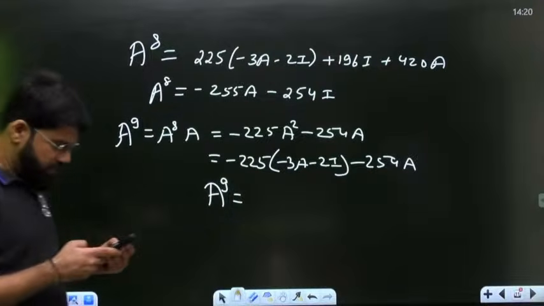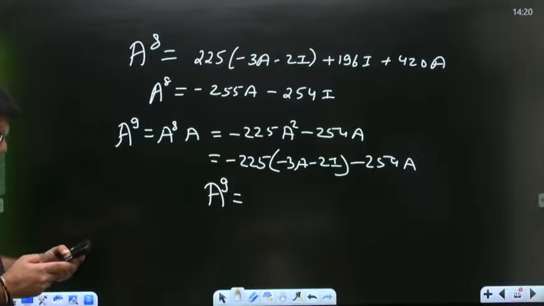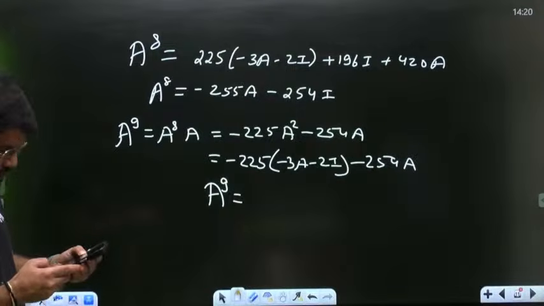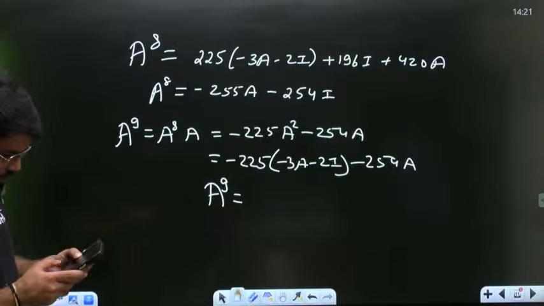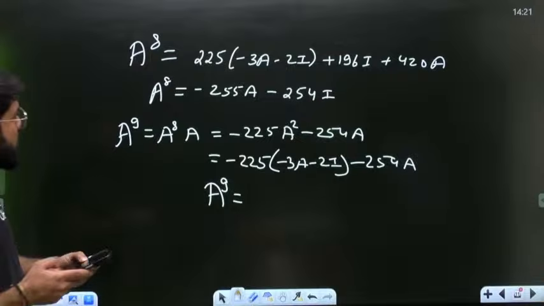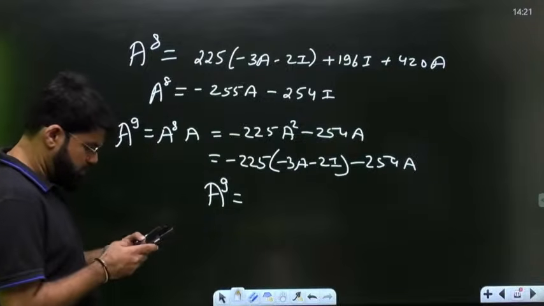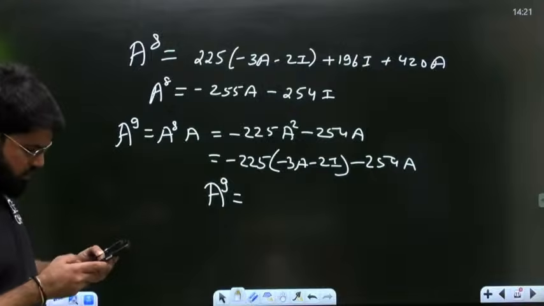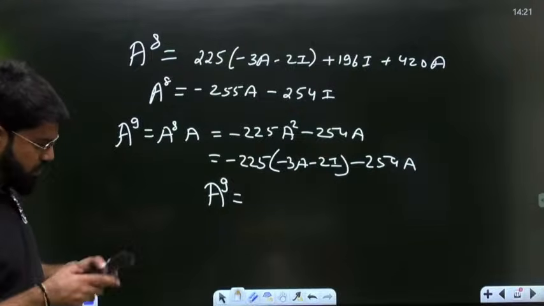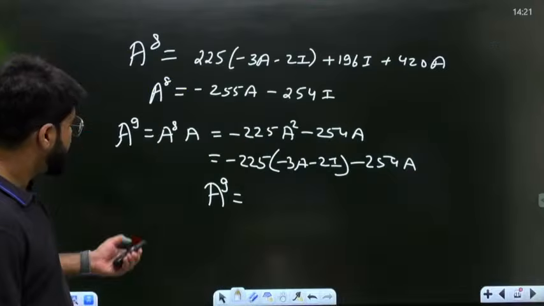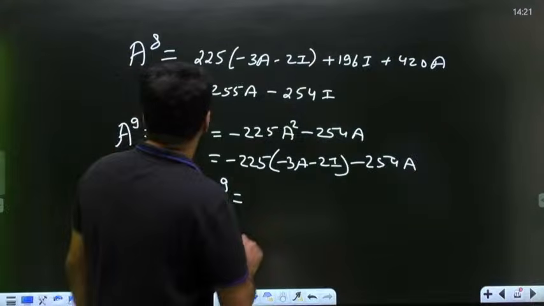Just let me recheck this. 225 it is. Correct only. Then minus 3a minus 2i. It comes to 421, but as far as I see, there is no 421. Somewhere some calculation error has happened. Let me recheck it.